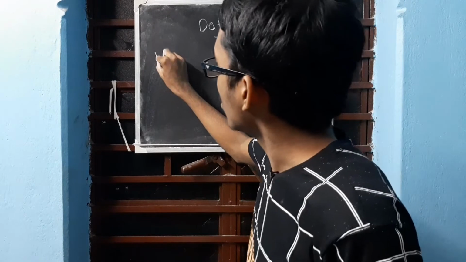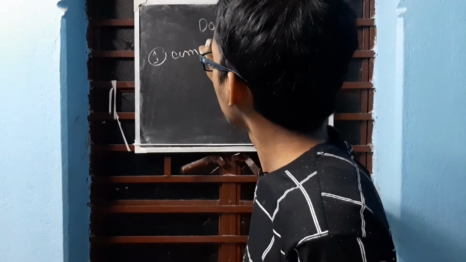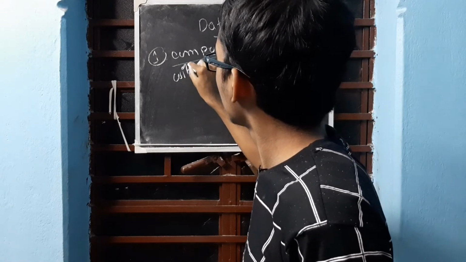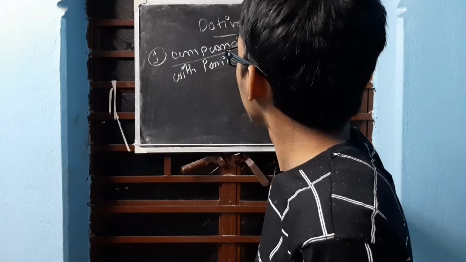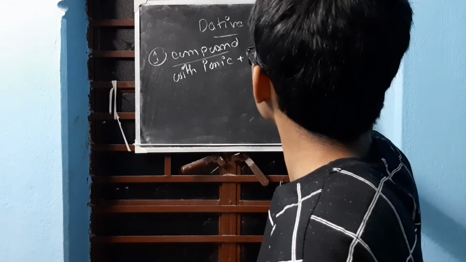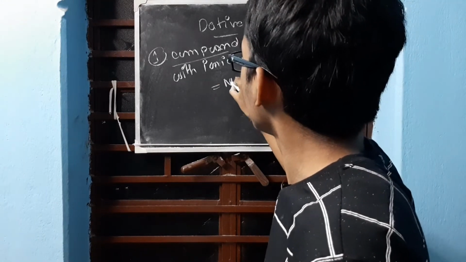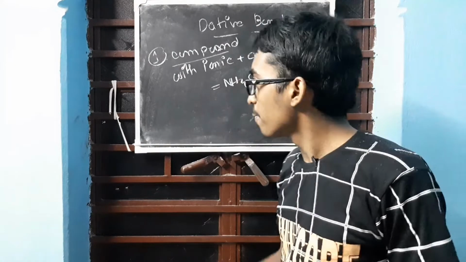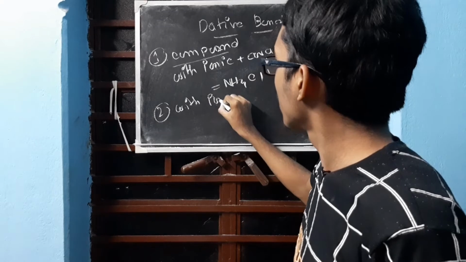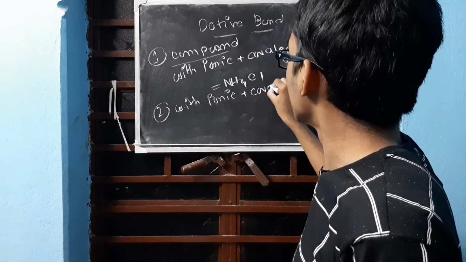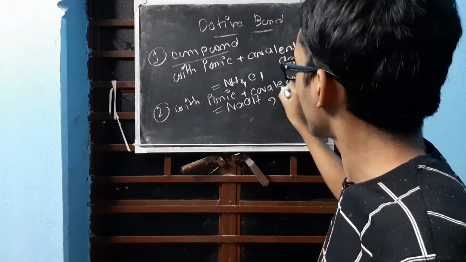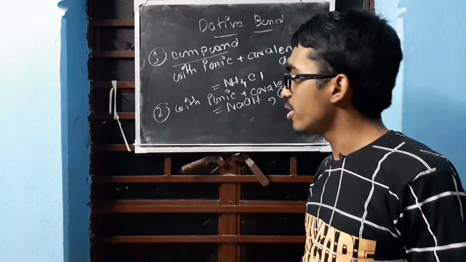And the last very important part that I have to say from here is the compound with ionic plus covalent plus dative bonds. All three types of bonds are present. Then the answer is ammonium chloride, NH4Cl. Number 2, compound with ionic plus covalent, then there are more than two answers, like CaCO3 and NaOH.